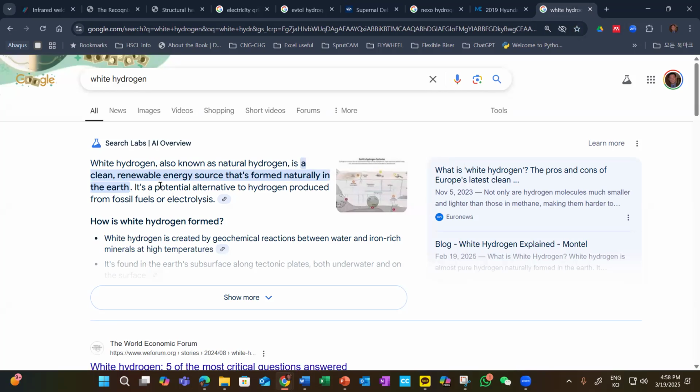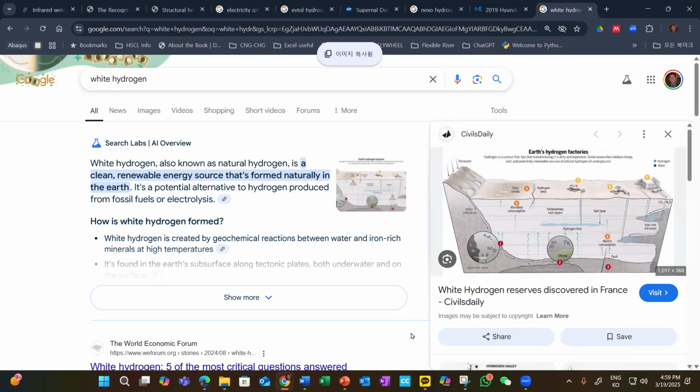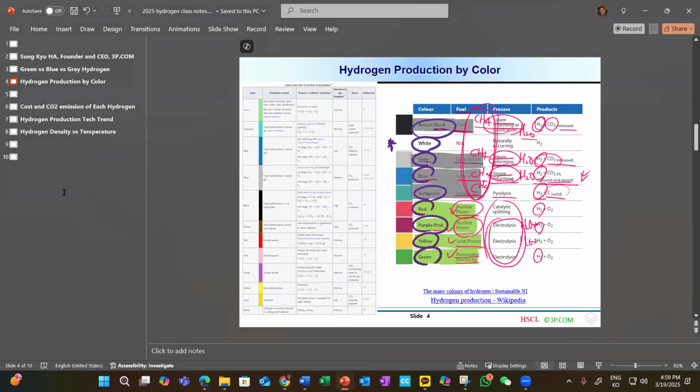White hydrogen, also known as natural hydrogen, is a clean renewable energy source that's formed naturally in the Earth. So this is important.